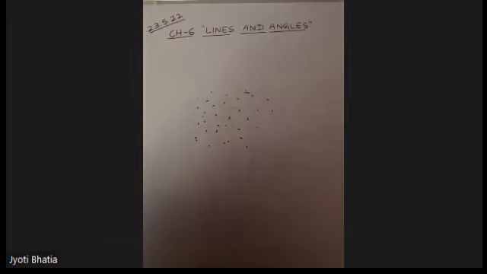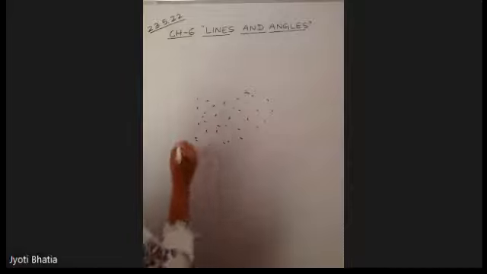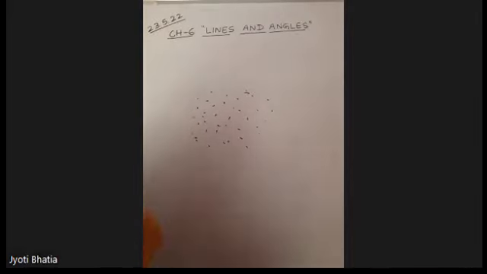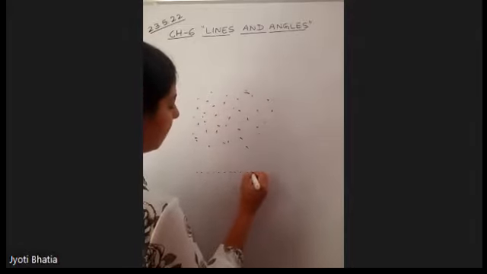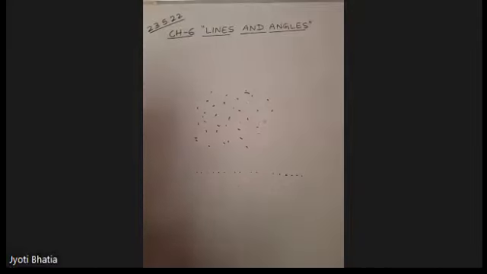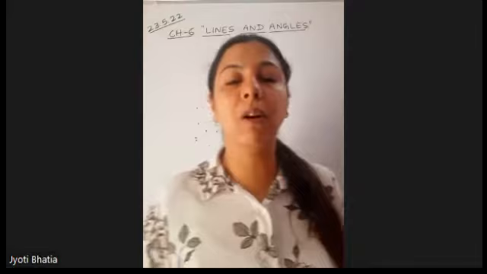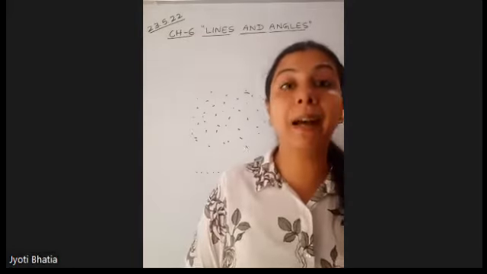Can we say the collection of all the points which are lying in a straight line? No, the collection of all the points which are lying in a straight path. All the points lying in a straight path, by joining those points, we will be getting a line.